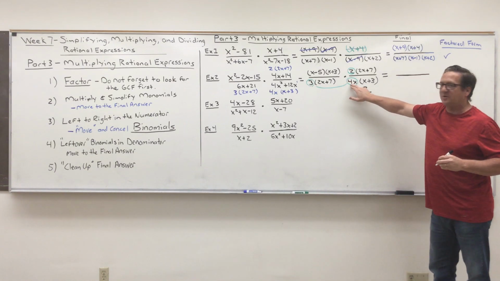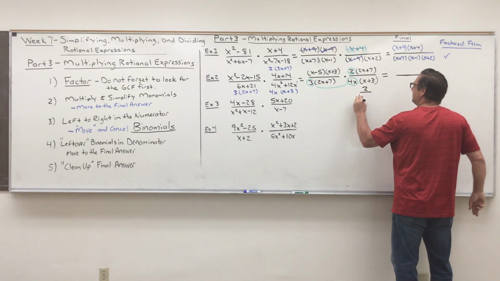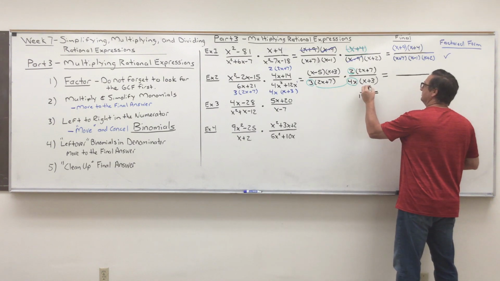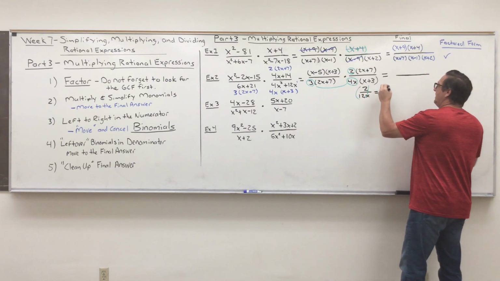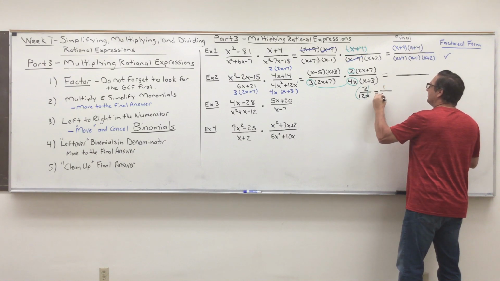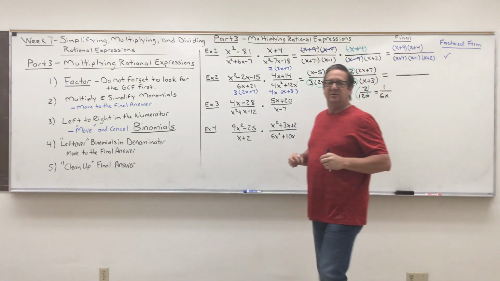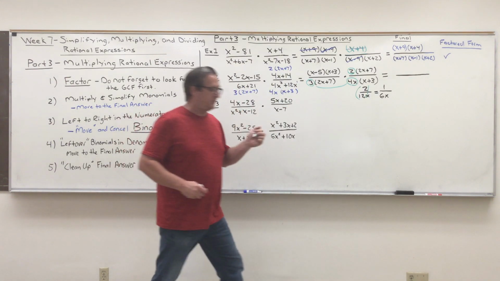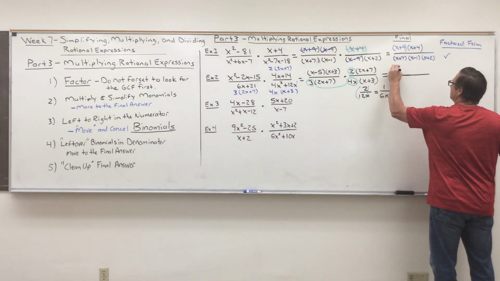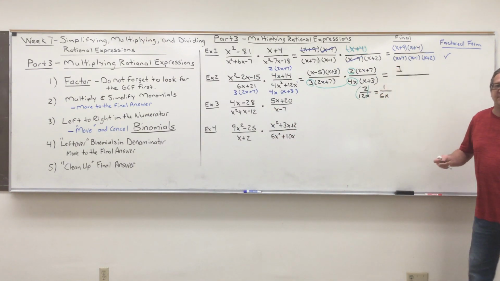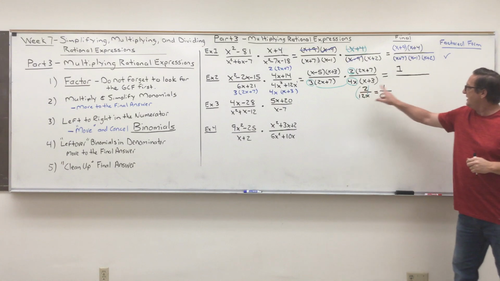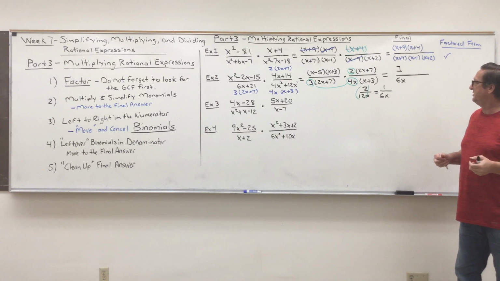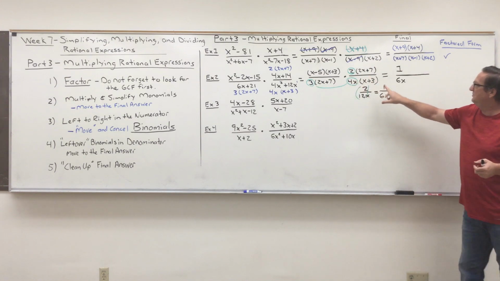And 3 times 4x, numbers with numbers, is 12x. And we get 1 over 6x. So that's a very basic problem that we did in January. So 1 goes to the top. Skinny friend, he may not stay there. 6x goes on the bottom. And you've done your monomials. Okay, so our monomials are done.